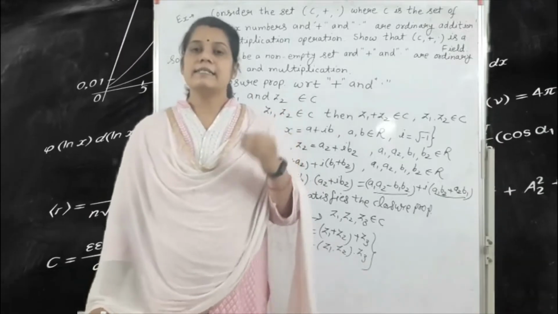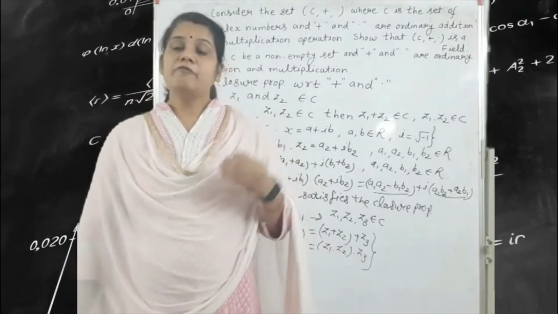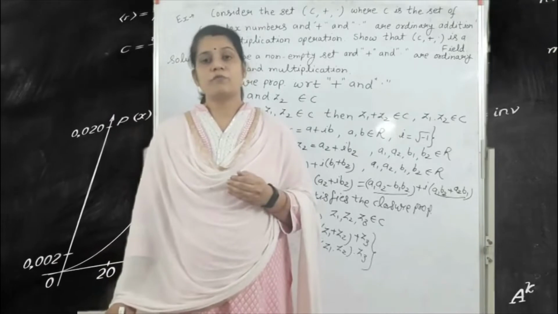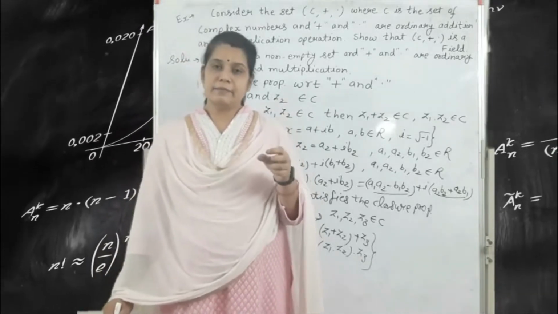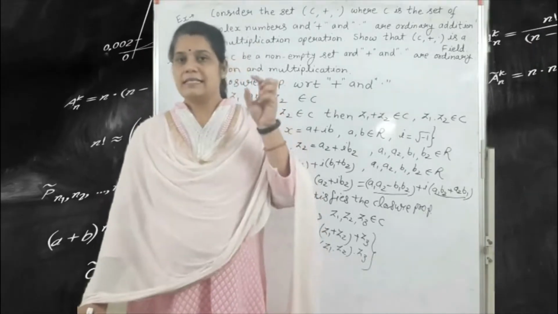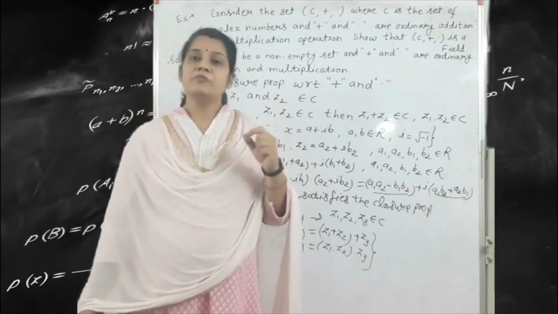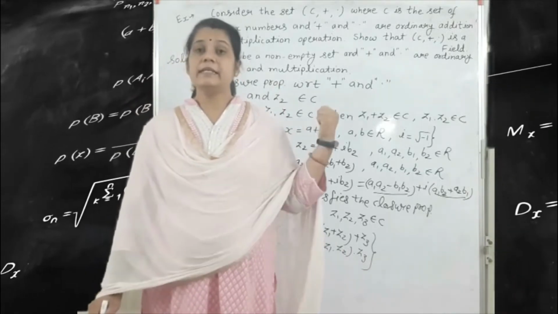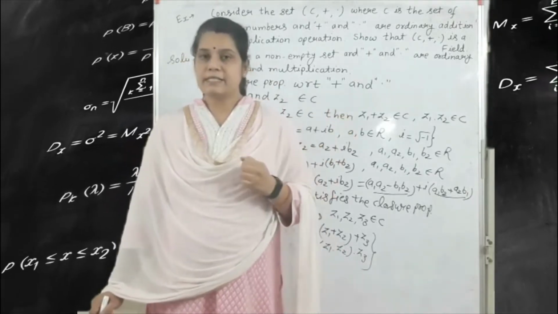Third one is the existence of the identity and fourth is the existence of the inverse. The identity element with respect to plus is 0 and with respect to multiplication is 1. But here the elements are given in complex number form.